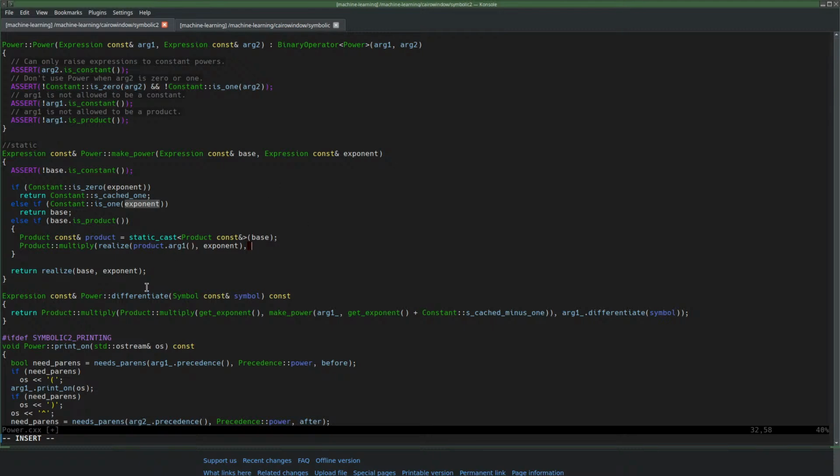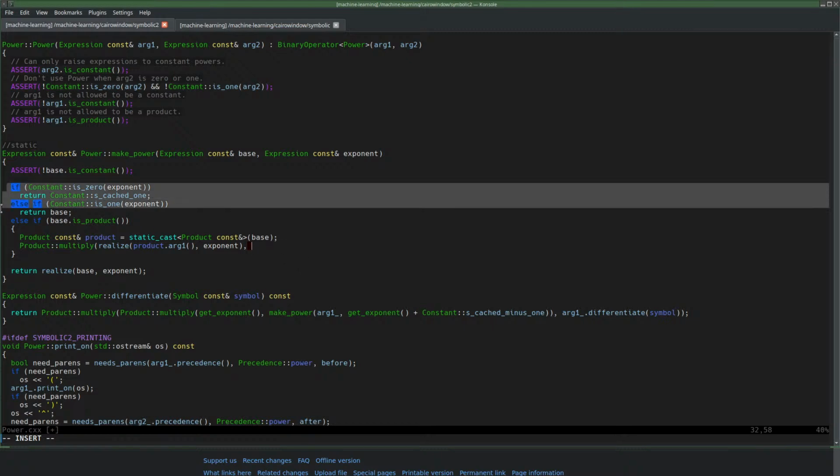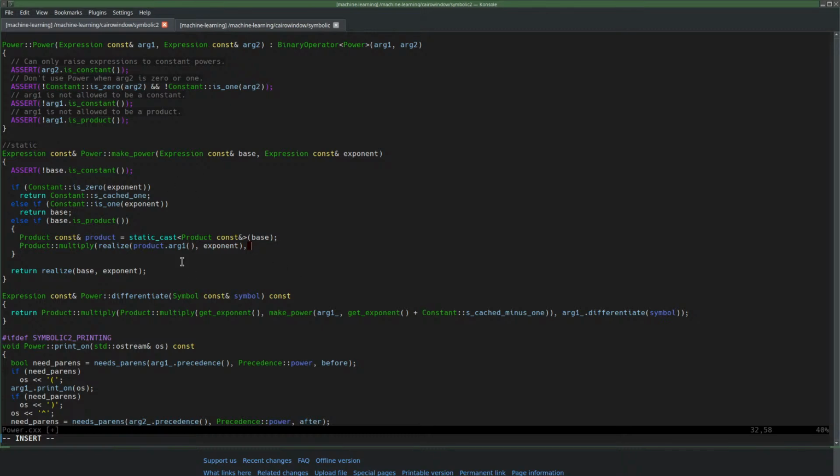But the second argument could be a product. I have to do a recursive call. I would like to be able to skip this. Maybe instead of recursive call, use a loop.